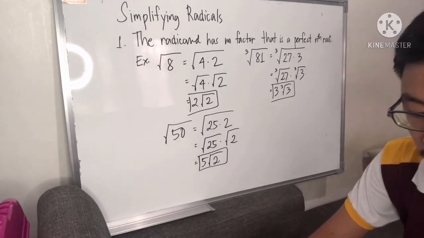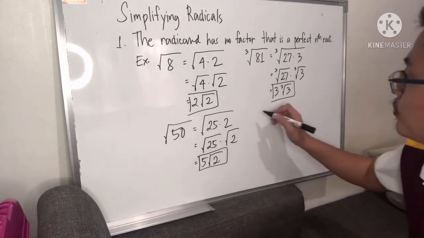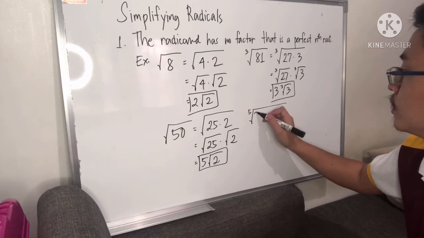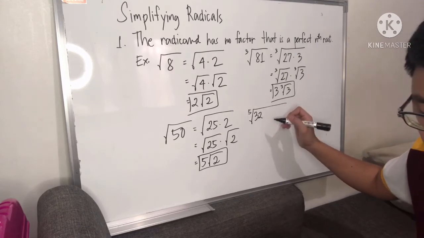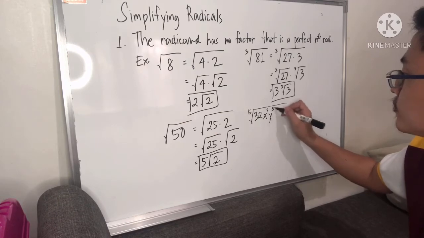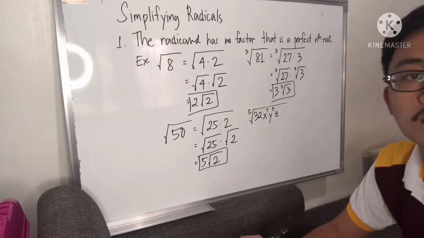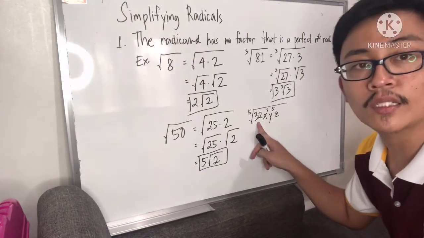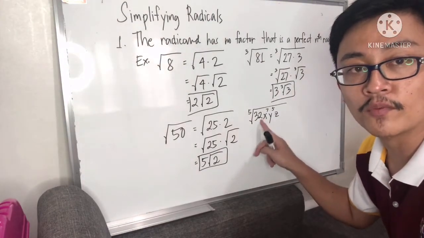Now, let us try it with variable. So, you have the fifth root of 32 x raised to the 7th, y raised to the 5th, z. Okay. So, pag tinignan natin yung 32, alam natin na mayroong perfect fifth root yan.